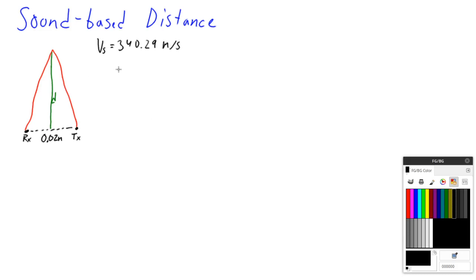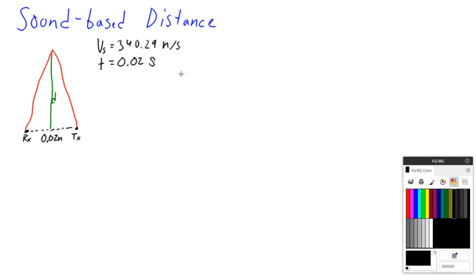That's what your device is going to get, a time that was measured, or pulse length. So here, for this example, we'll say we've got 0.02 seconds, just to keep it simple.